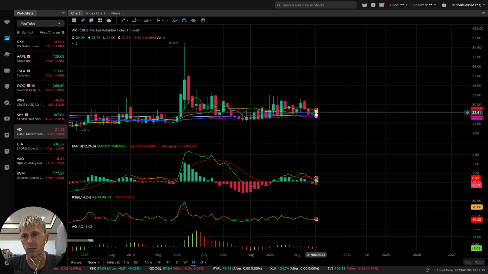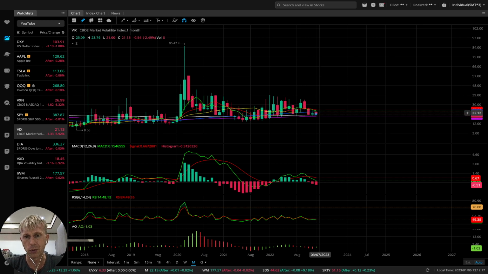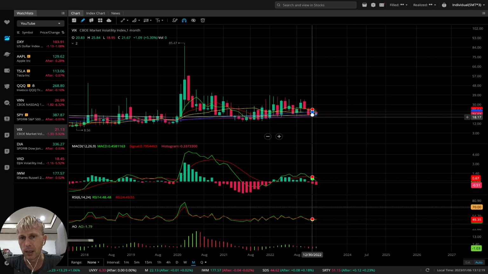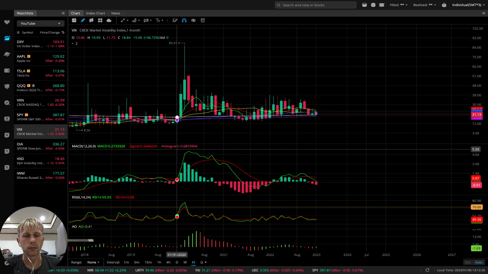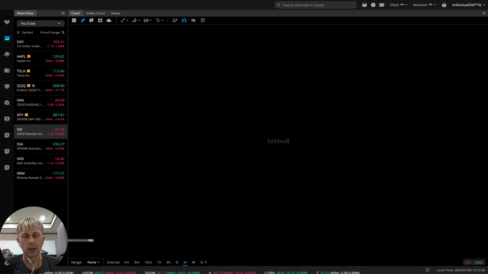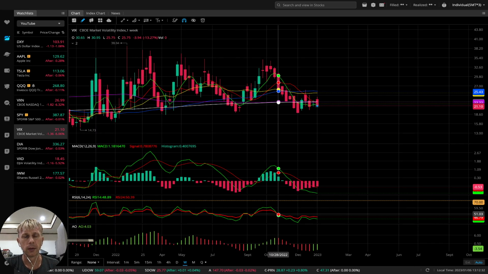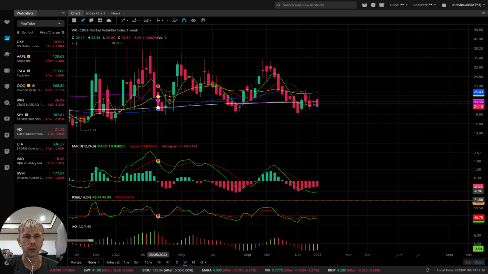Last bar closed below all moving averages except 200 and 100. Looks like 200 is support right now. That's what we have on monthly and weekly for VIX. Bearish trend on monthly and weekly.